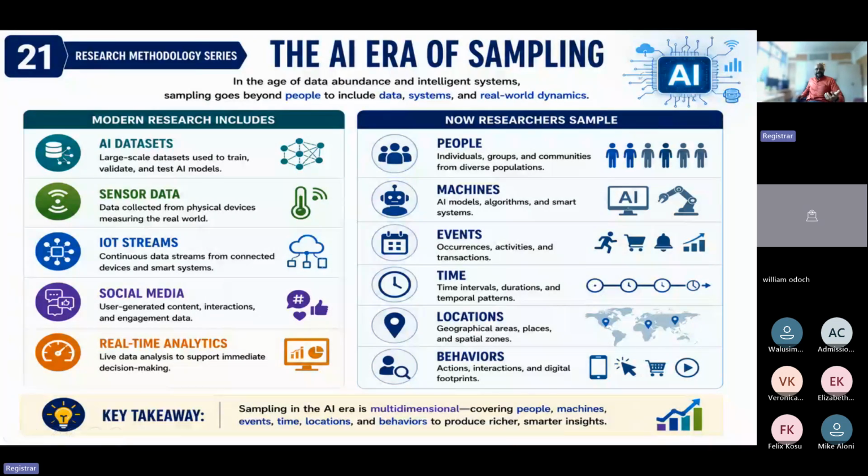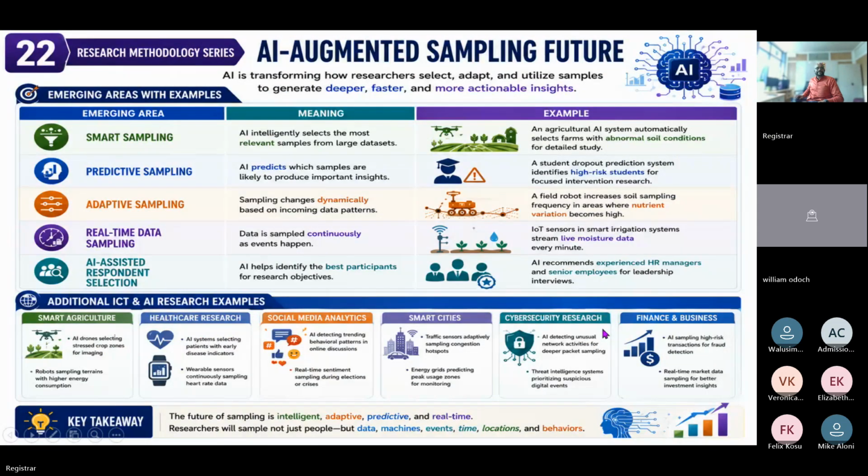When it comes to AI, it is different. It can generate data for you for missions, events, locations and behaviors, and gives you good insights. The purpose, just to introduce you, is that we can use AI for all these works. So this is how we do different kinds of AI augmented research.